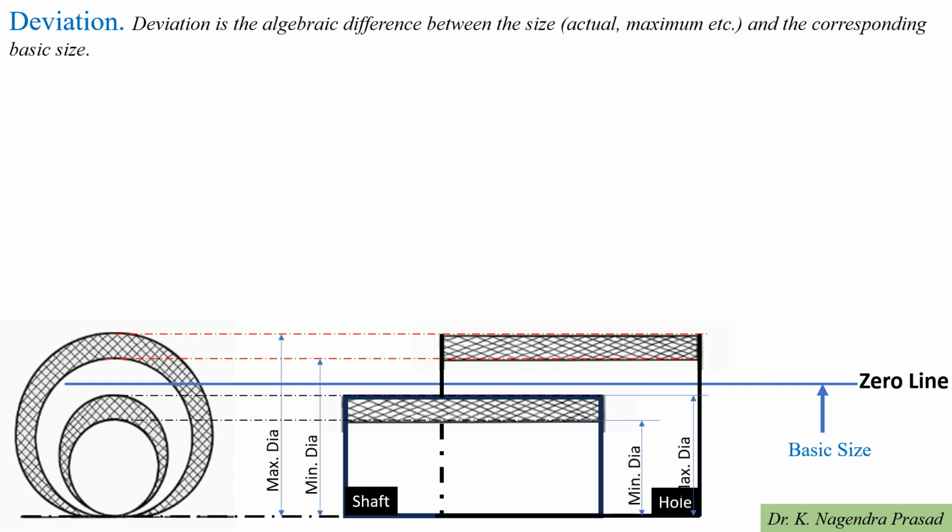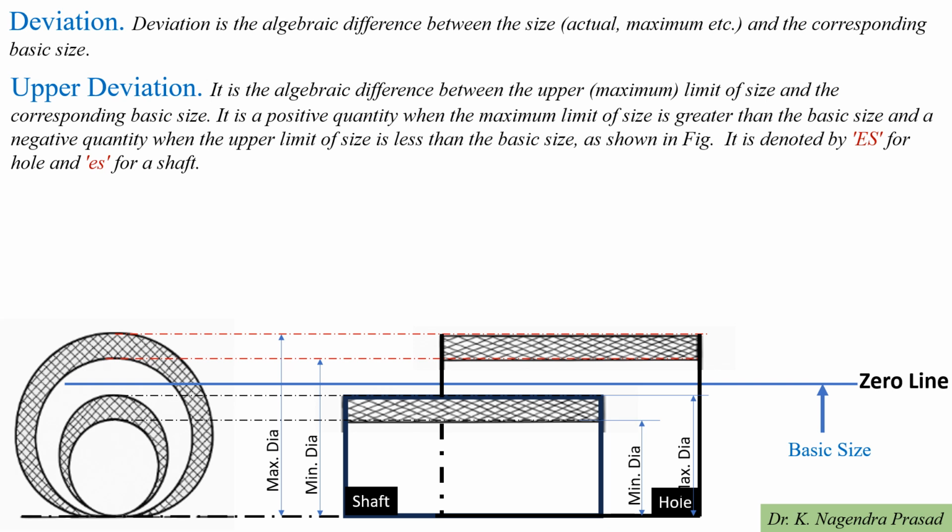So next we have to discuss the different types of deviations. First we have to see the upper deviation. Upper deviation is the algebraic difference between the upper limit of the size and the corresponding basic size. So here we have to observe the upper deviation for the hole first.